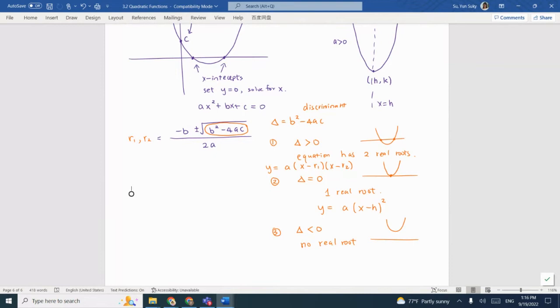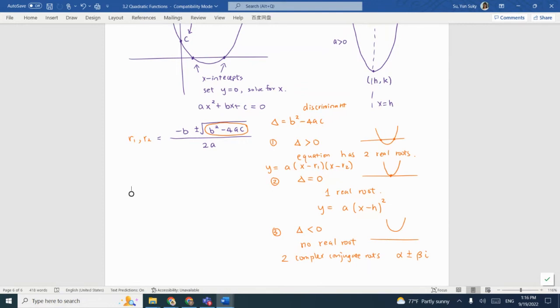So in this case, no real roots, but we have two complex conjugate roots. Usually we use the notation alpha plus or minus beta i, because we don't want to use a and b, since they are different things here. So the complex conjugates are alpha plus or minus beta i.